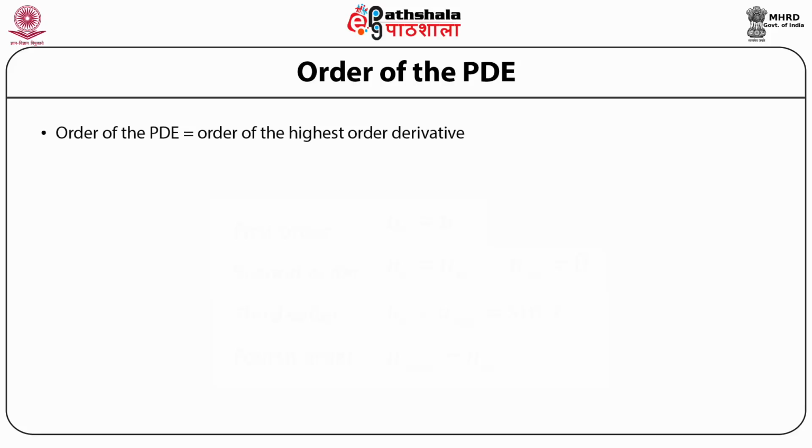We want to find the order of the partial differential equation. Again, the order of the partial differential equation is equal to the order of the highest order derivative. That means the bottom one, ∂x² or ∂y² or ∂x³. The order in u_t is first order.